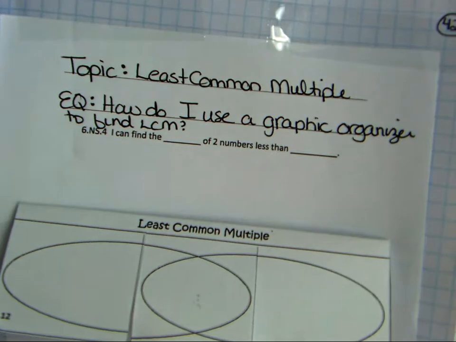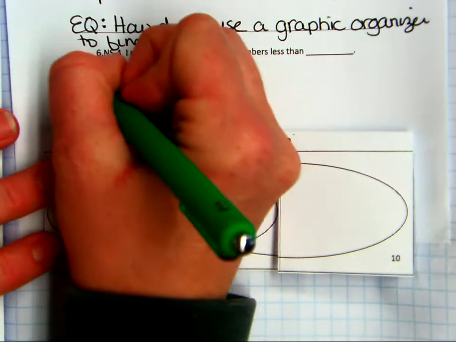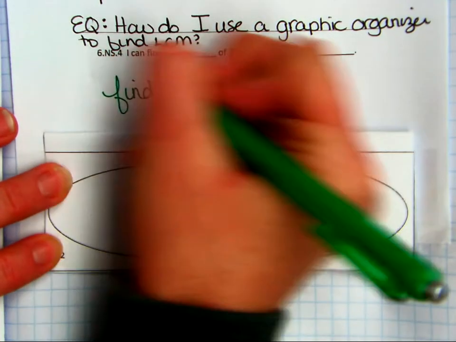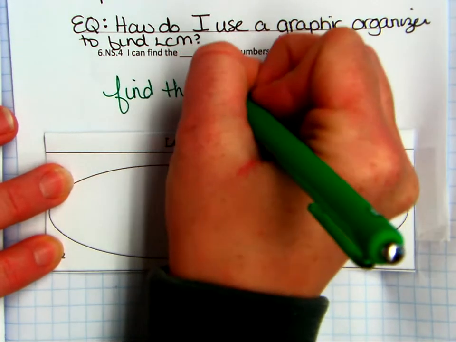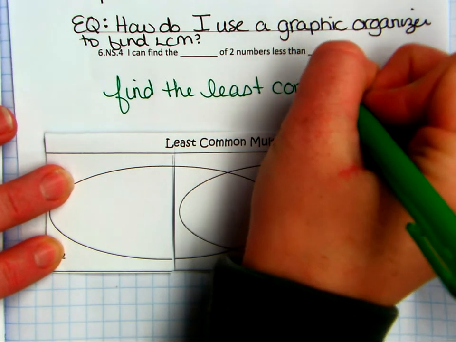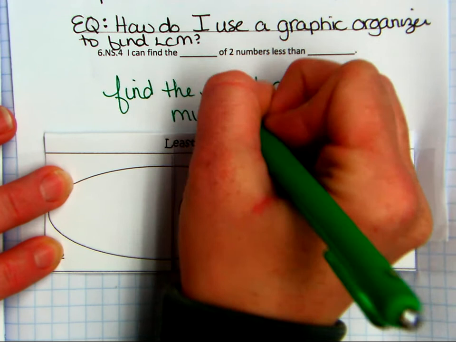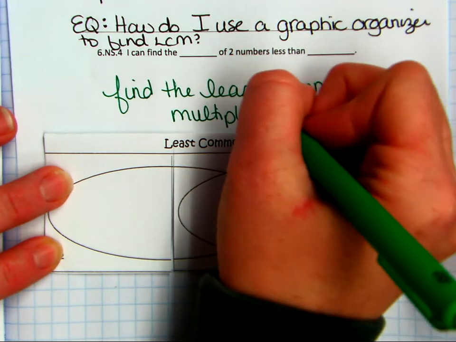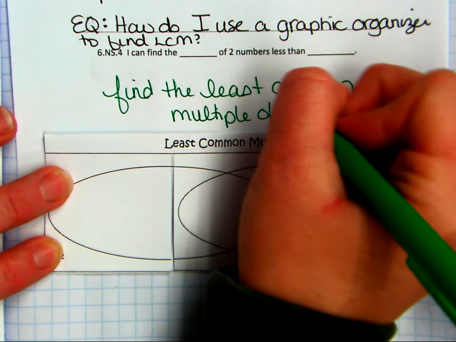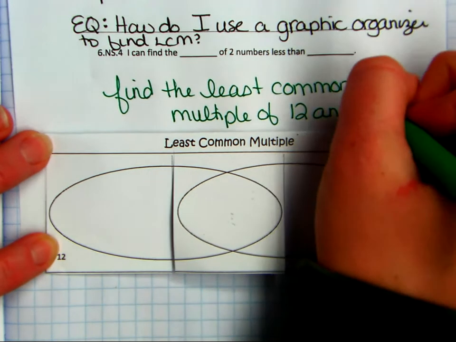Now it's time to start listing steps. So we are going to find the least common multiple of 12 and 10.